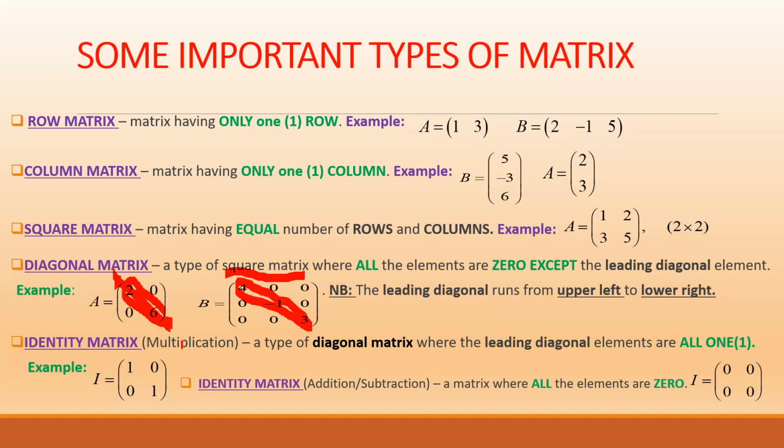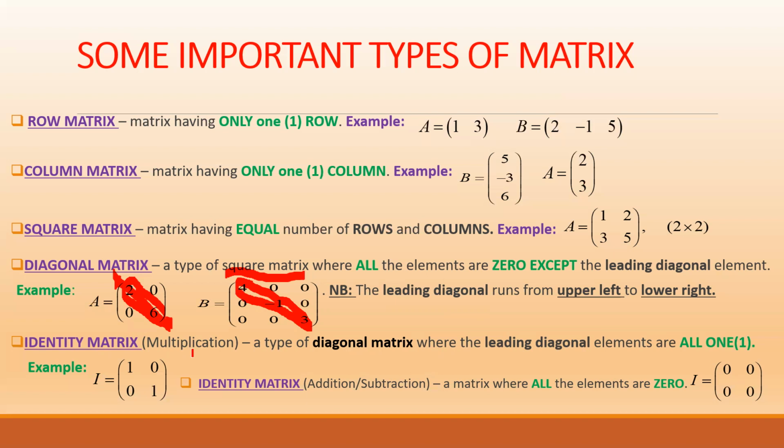The identity matrix for multiplication is a type of diagonal matrix where the leading diagonal elements are all 1. To name an identity matrix, we normally use the letter I, capital I.